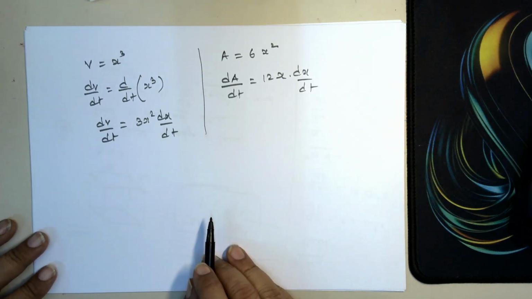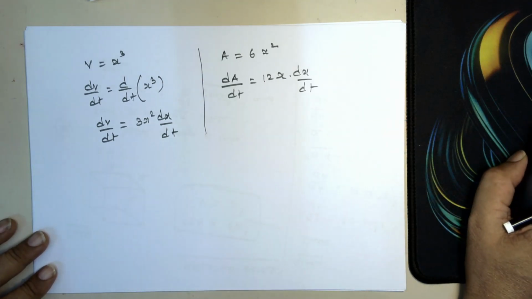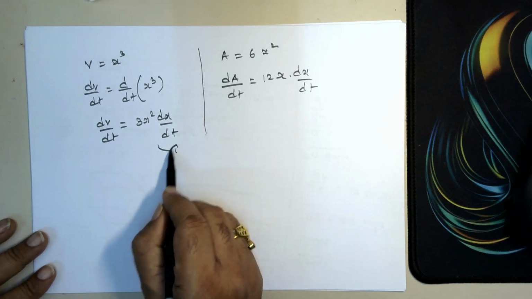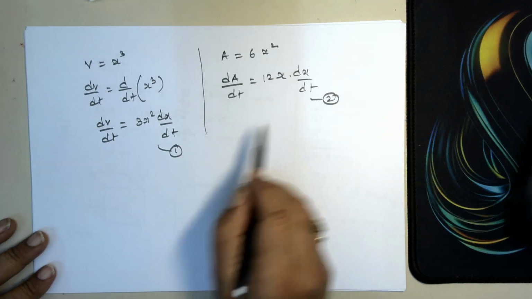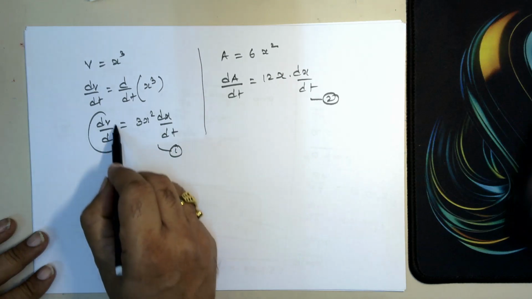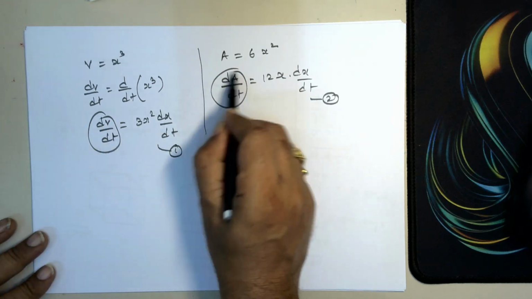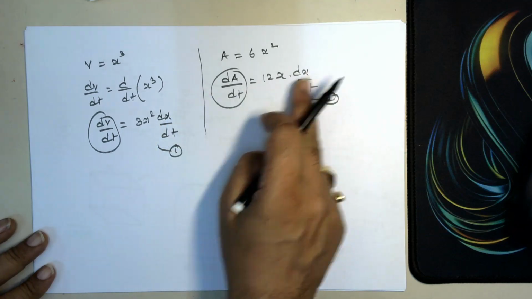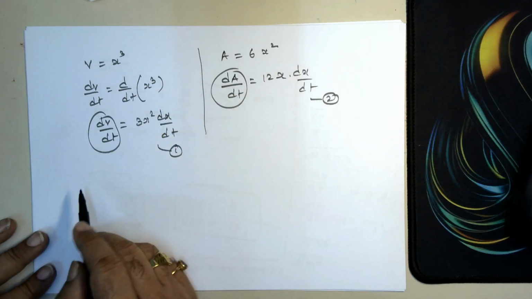So this is equation 1, this is equation 2. Since we have got the dV by dt value and dA by dt value, we can substitute, eliminate dx by dt and find out the x value.